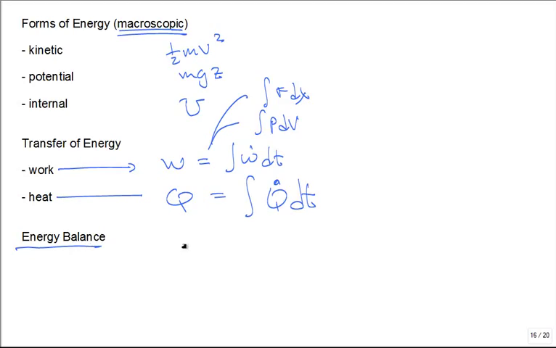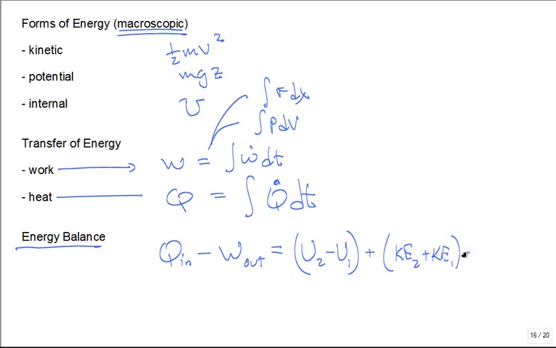So what we do is we write an equation. We say Q into our system, amount of heat into our system from initial state 1 to final state 2, minus any work that goes out of our system during the process, has to then have a tallying up such that either the internal energy went up or down, there's a change in internal energy, or there was a change in the kinetic energy, it went up or down, or a change in the potential energy, but it just didn't disappear.